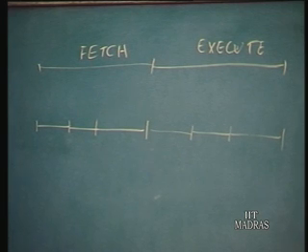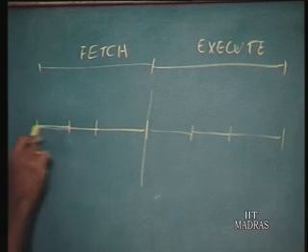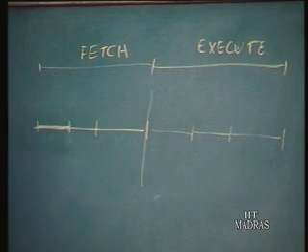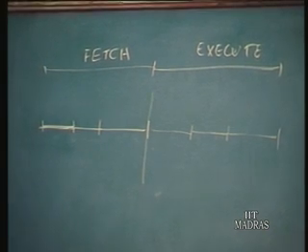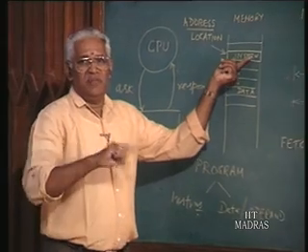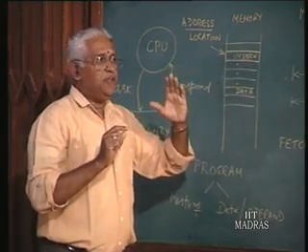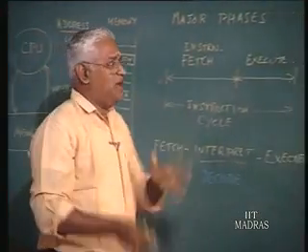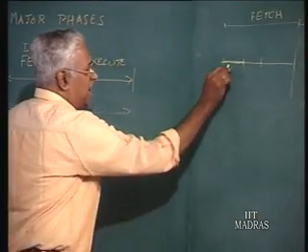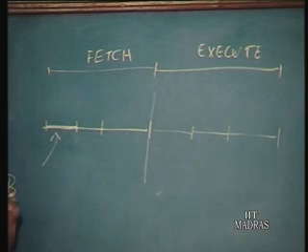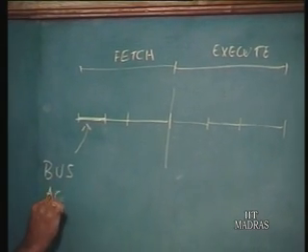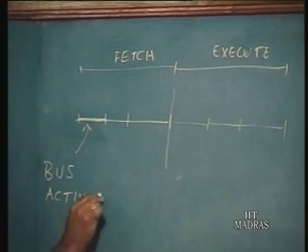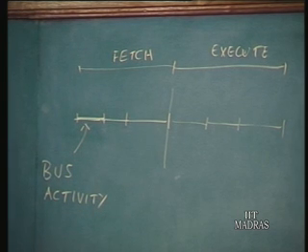So, each time what is happening here is fetching 1 unit of information from the memory. Now, this particular one takes place over the bus, and so we can say that in this there is a bus activity that has been initiated and it will be concluded.